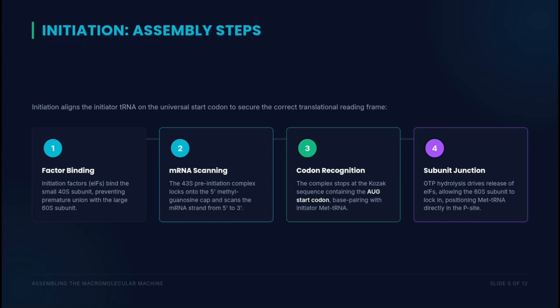Next, a special transfer RNA, or tRNA, carrying the amino acid methionine recognizes the start codon, which is usually AUG. After this recognition, the large ribosomal subunit joins the complex. Once all components are assembled correctly, protein production can begin.